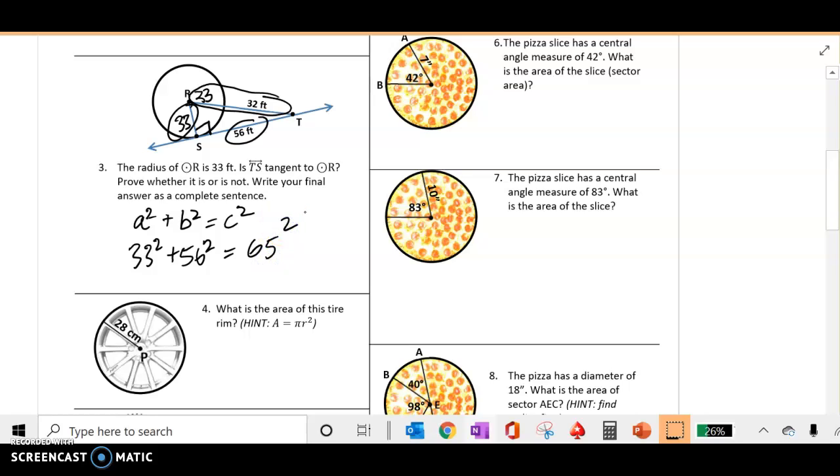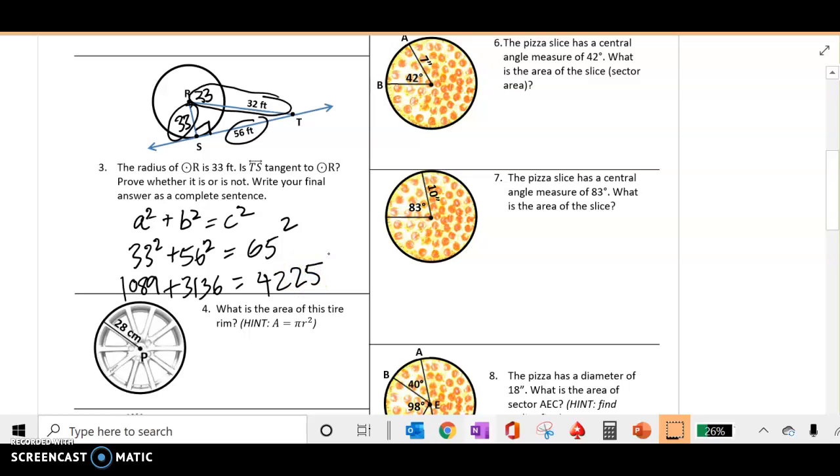So go ahead and punch that in your calculator and see if that's true. Okay, I got 1089 for that. 56 squared is going to be 3,136, and that should equal 65 squared, which is 4,225.